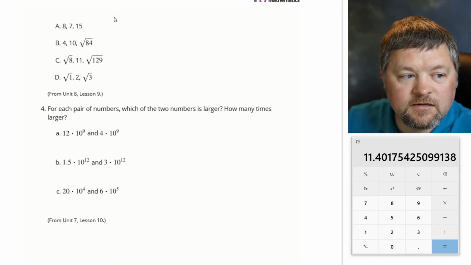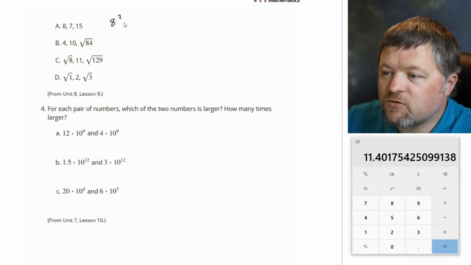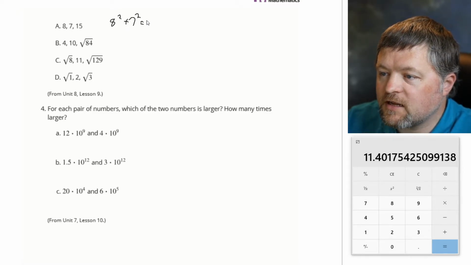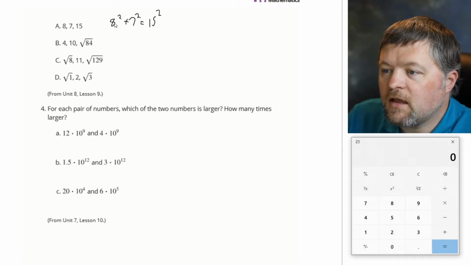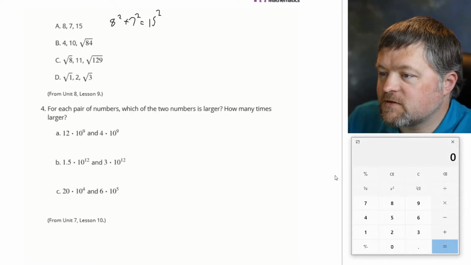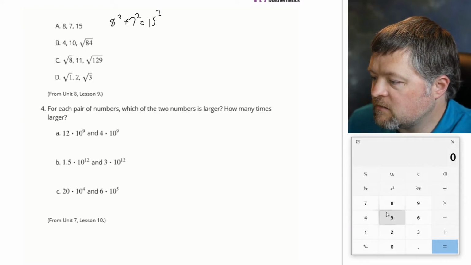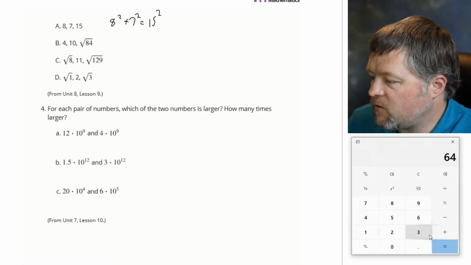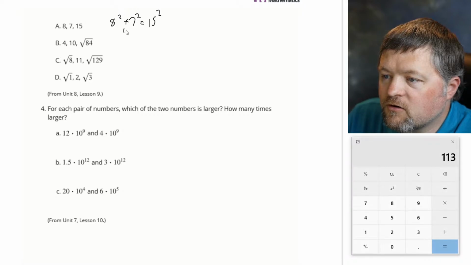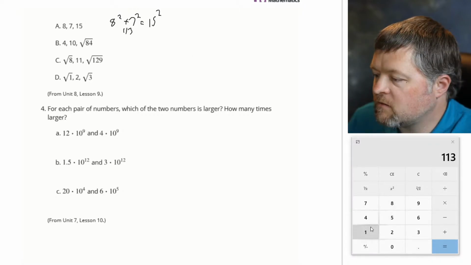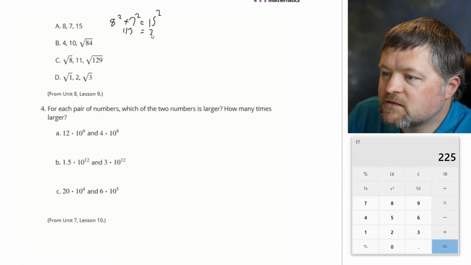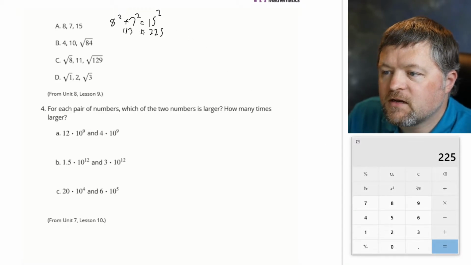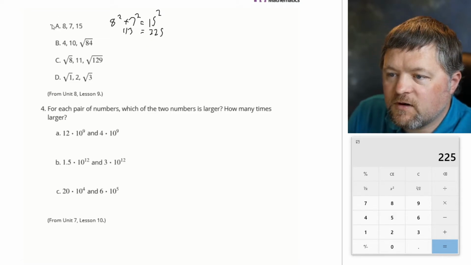So does 8 squared plus 7 squared equal 15 squared? 8 squared is 64. 7 squared is 49. 64 plus 49 is 113. 15 squared is 225. Does 113 equal 225? No, it does not.